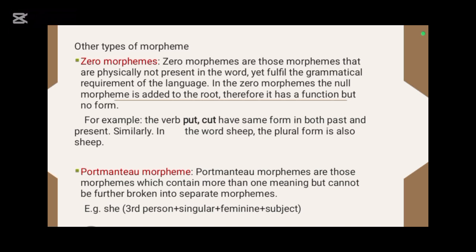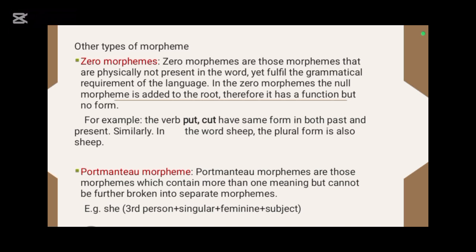For example, verbs like put and cut have the same forms in the past and present, such as in words like sheep or deer, the plural form is the same. So such types of words belong to the zero morphemes, physically not present in the word but fulfilling the grammatical requirement.